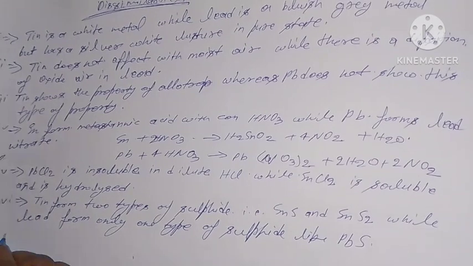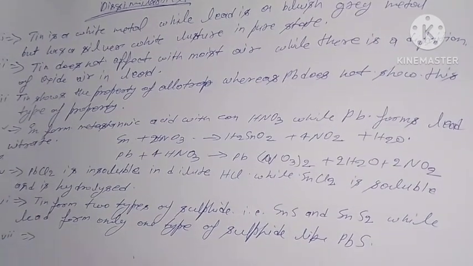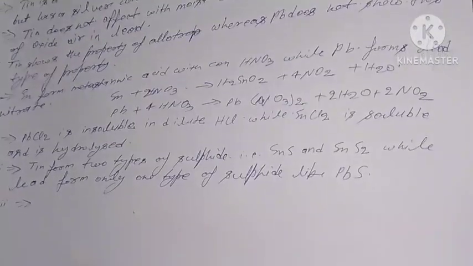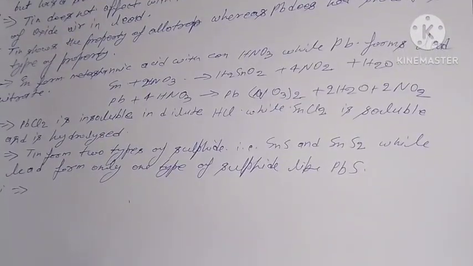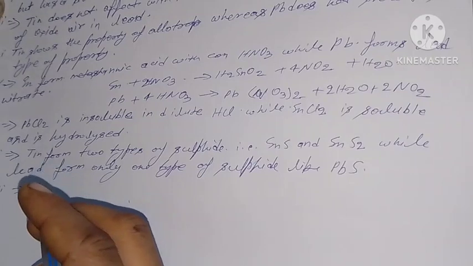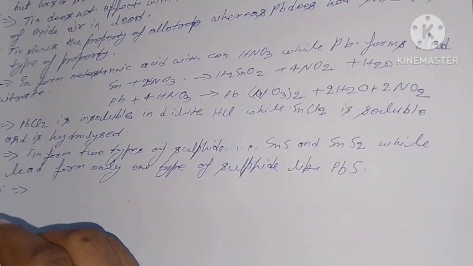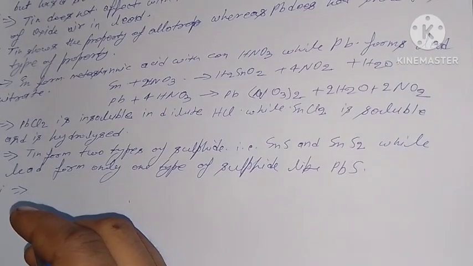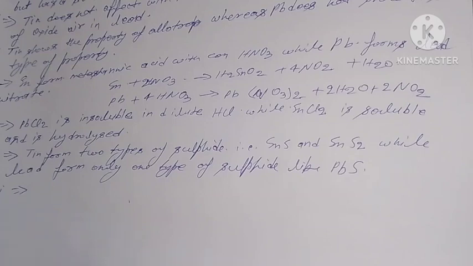Next point, point 7. Stannous oxide SnO is acidic, but lead oxide is an amphoteric oxide, okay.